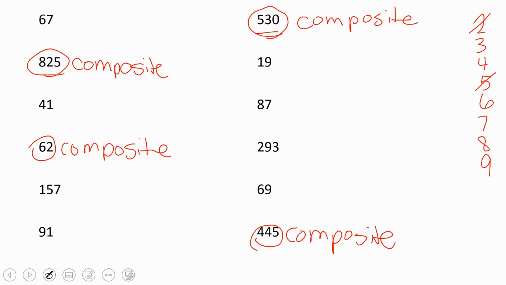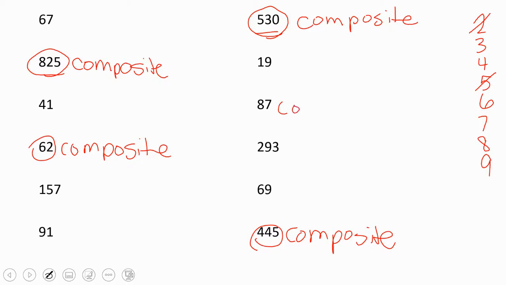41. 4 plus 1 is 5. Doesn't work. 157. 1 plus 5 is 6, plus 7 is 13. That doesn't work for 3 or 9. 91. 9 plus 1 is 10. Doesn't work for 3 or 9. 19. 1 plus 9 is 10. Doesn't work. 87. 8 plus 7 is 15. So 15 is a multiple of 3, right?